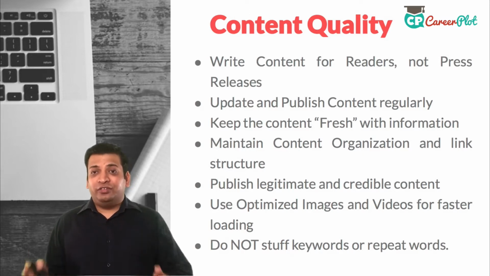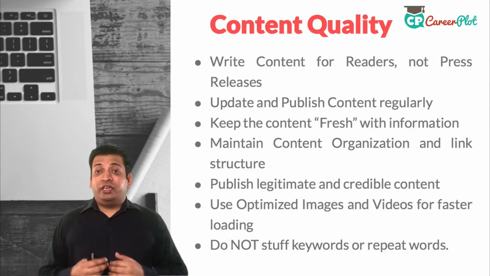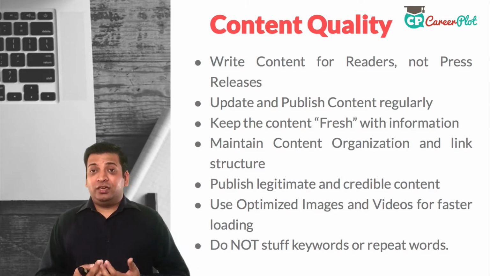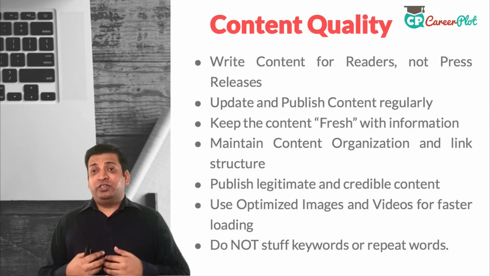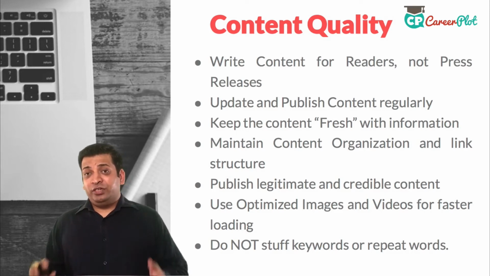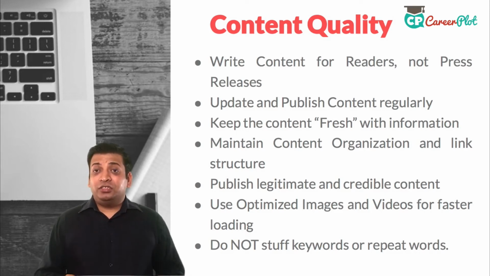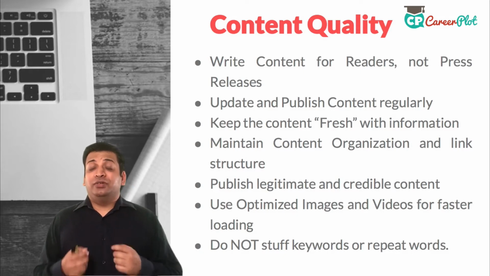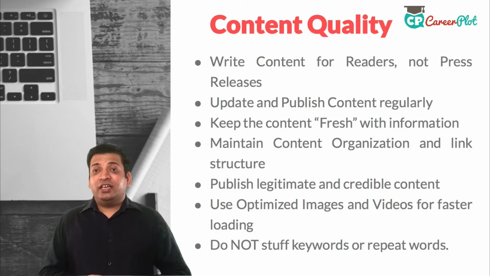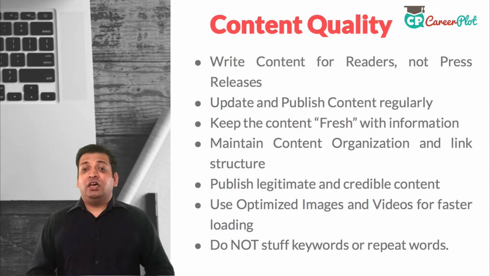They are supposed to announce information. But if you are making content very personal, using words like you and we and writing the information as personalized information, then readers will be more interested to read it. So write it for readers and not for press releases.